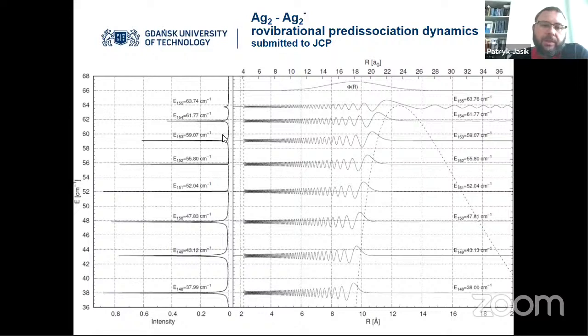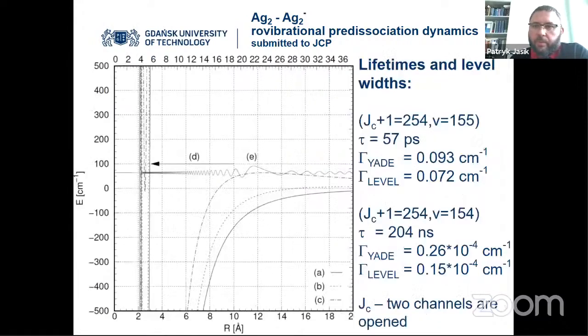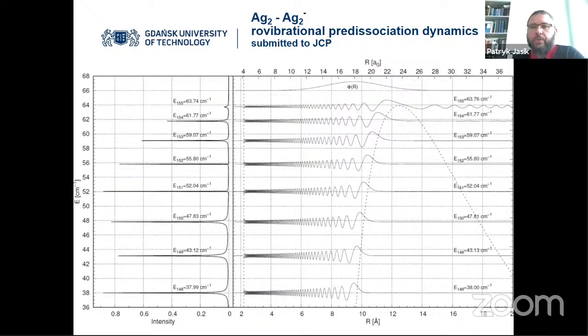Here you can see the comparison of the results obtained by the quantum dynamics approach and those obtained by the spectroscopy program. The comparison is very good, and so we were able to show that vibrational predissociation dynamics is very fast in comparison with the spontaneous emission.